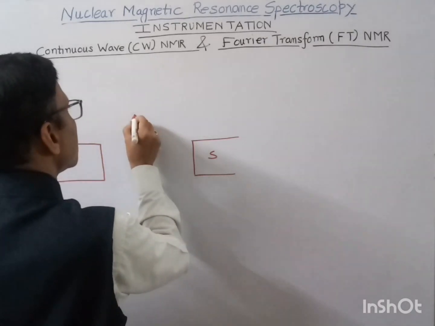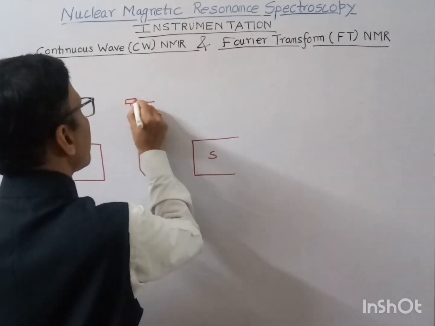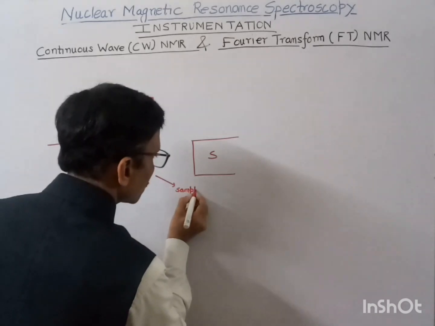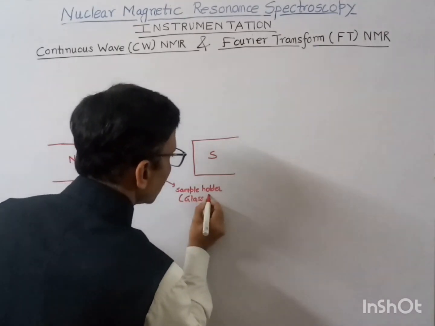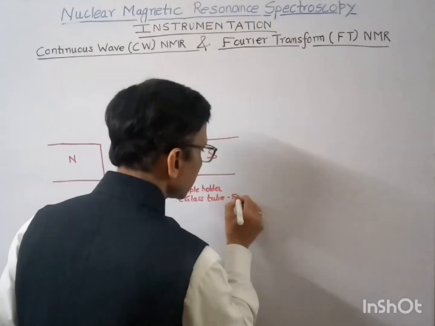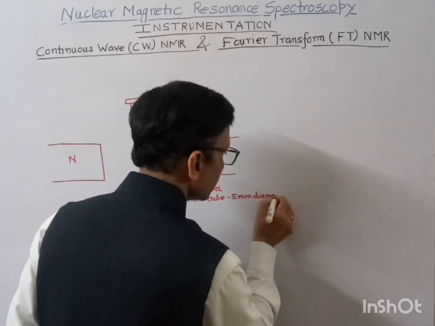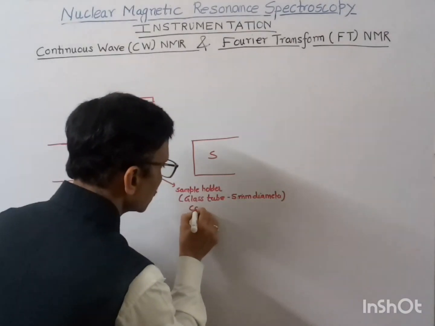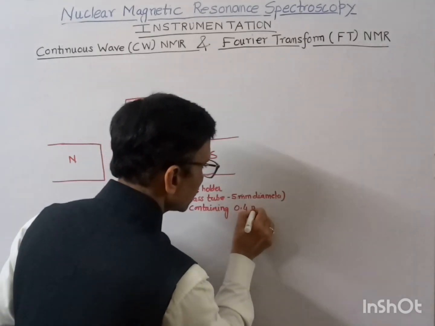This is the sample holder, and it is made up of a glass tube, and actually this glass tube is of 5 mm diameter, and here we can fill around 0.4 ml of sample.